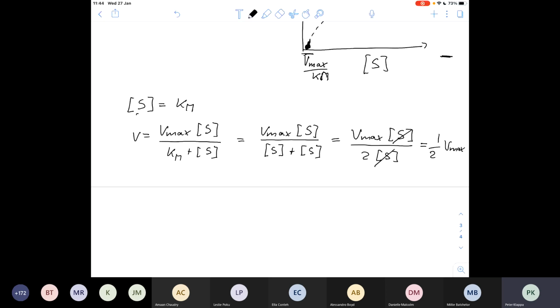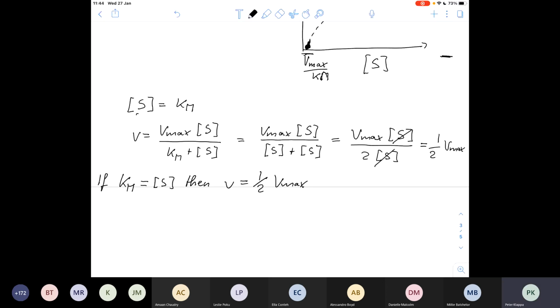Or in other words, when Km equals S, so if Km equals S, then the rate equals 1/2 of Vmax. You seen that?